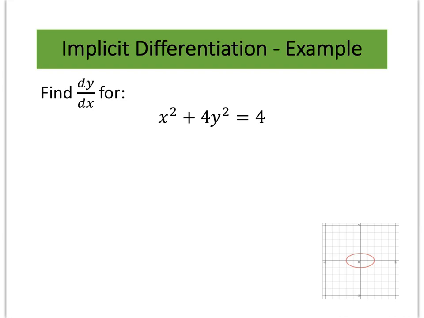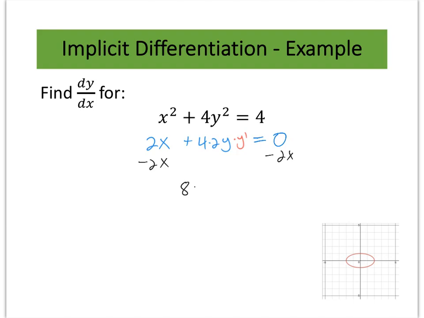So the derivative of x squared with respect to x is 2x. The 4 comes along for the ride, 2y. And then I have to use the chain rule, times y prime. And the derivative of 4 is 0. All I'm doing is now solving for the y prime. I'm going to subtract 2x from both sides.